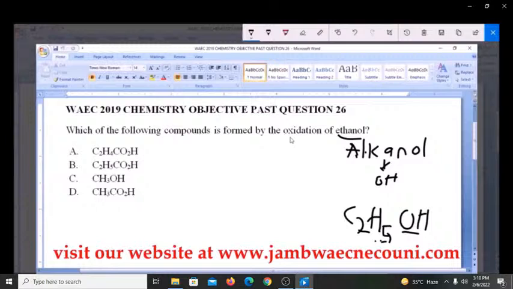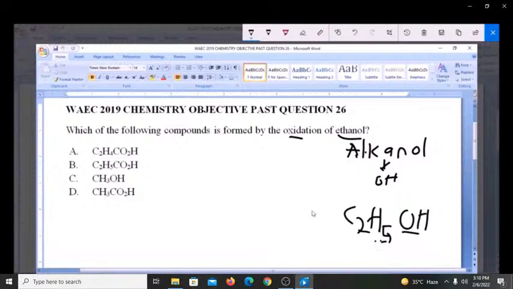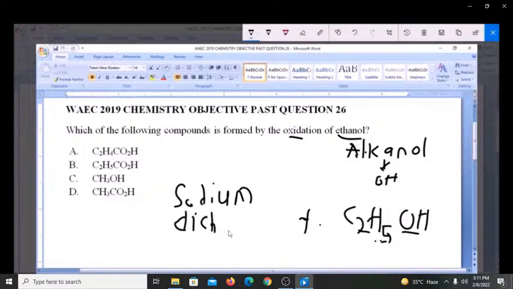Now, in the oxidation, ethanol reacts with a compound known as sodium dichromate. It is the first stage in the oxidation of ethanol.